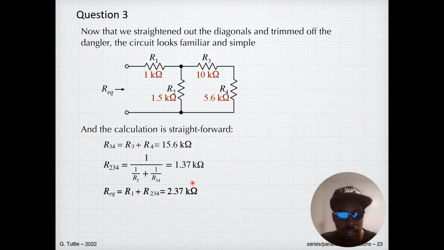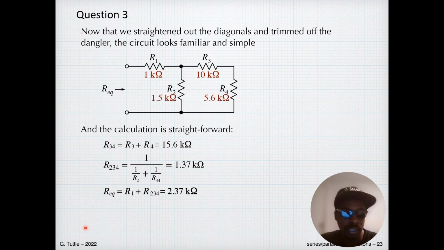We work that out using the reciprocal: 1 over R2 plus 1 over R34, taking the reciprocal of the total.